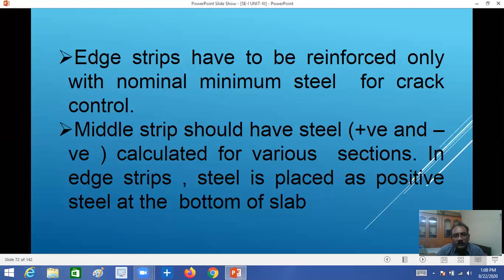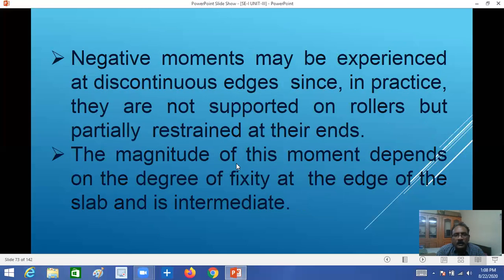To avoid cracks, we have to provide minimum reinforcement, that is 0.12% for high yield strength steel and 0.15% for mild steel. The middle strip should have positive and negative moments calculated for various sections. Where you have more moment or a larger coefficient, you have to calculate for that particular moment, and we have to provide steel for that moment only.